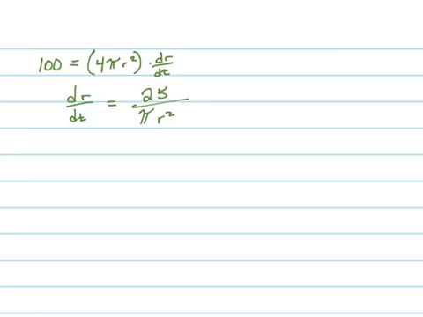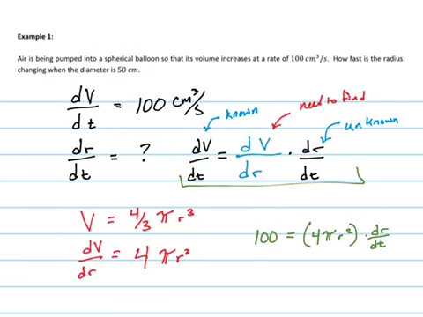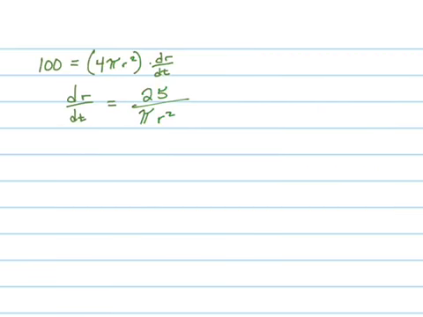Now, if we go back to the question, it asks us, how fast is the radius changing when the diameter is 50 centimeters? Notice what we have in our equation here. The rate of change of the radius is subject to the current radius. If the diameter is 50 centimeters, then obviously the radius is 25 centimeters.